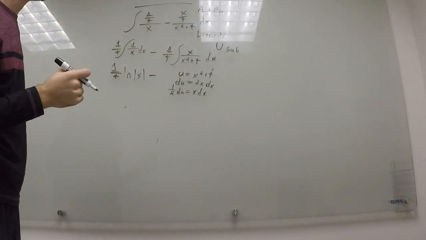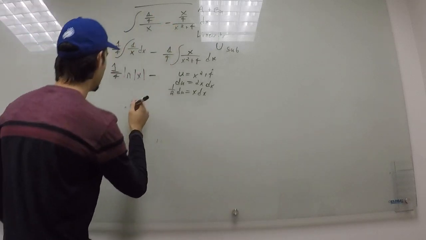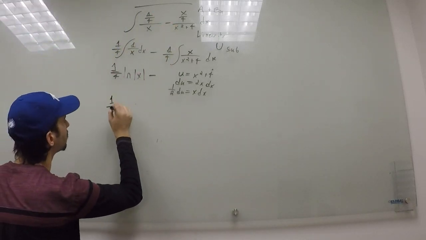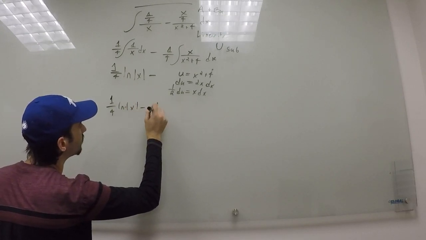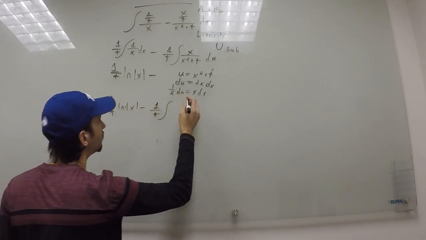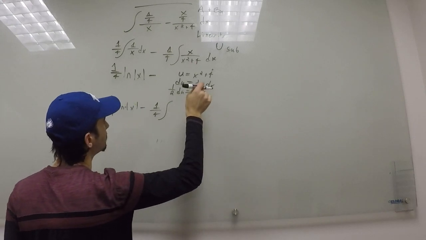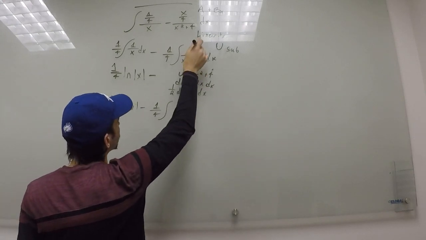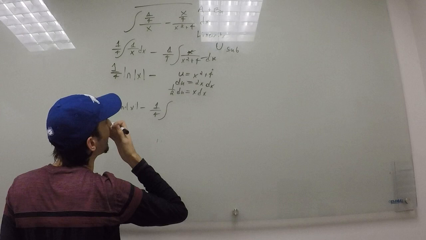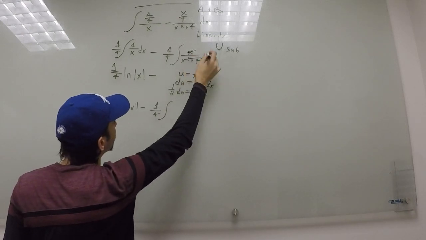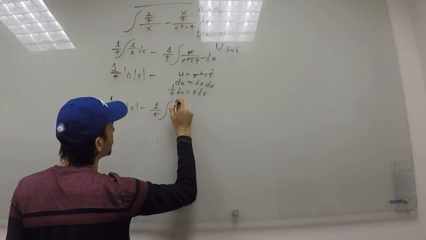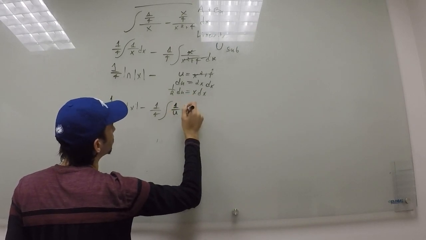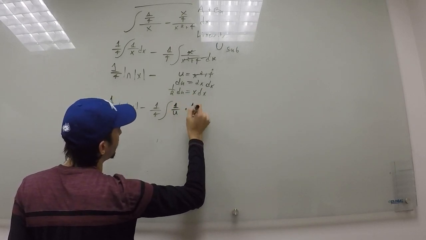Now we can plug these back in, and that gives us 1/4 ln of x minus 1/4 of, since these cancel out, 1 over u times 1/2 du.